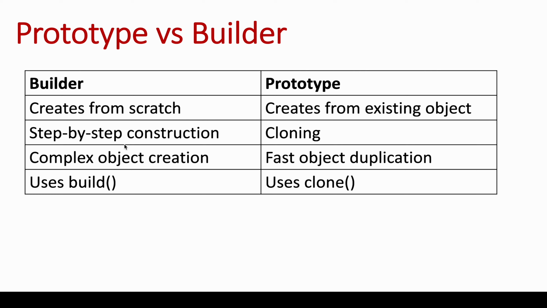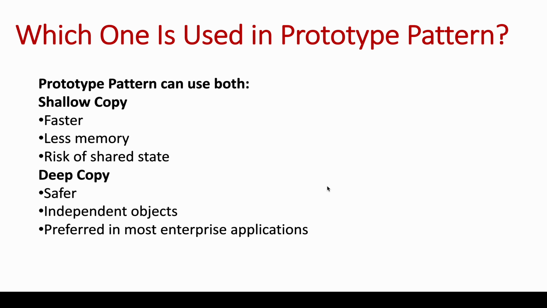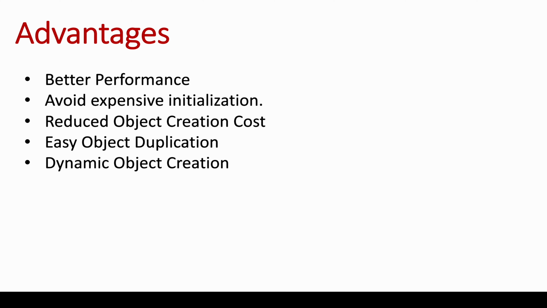The implementation of builder is a little more complex compared to prototype. Here we use the build method, here we use the clone method. Which copy is used in the prototype pattern? The pattern can use either shallow copy or deep copy depending on your use case and how you are implementing it.